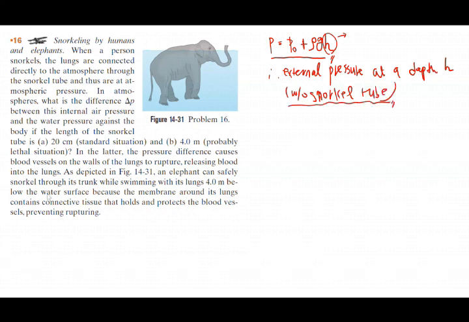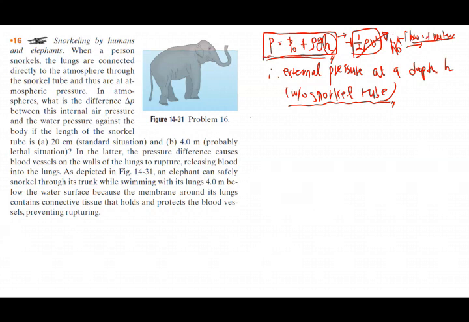As I said, there's no one-half rho v squared term because there's no flow of water described in this problem. So this only depends on the depth of the water below the surface of the water.